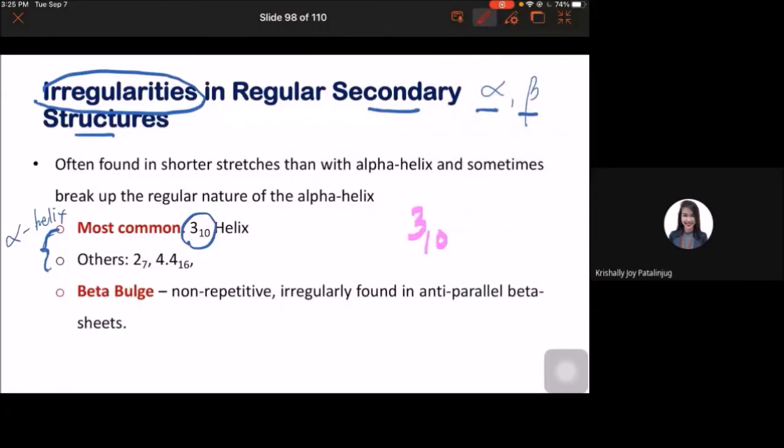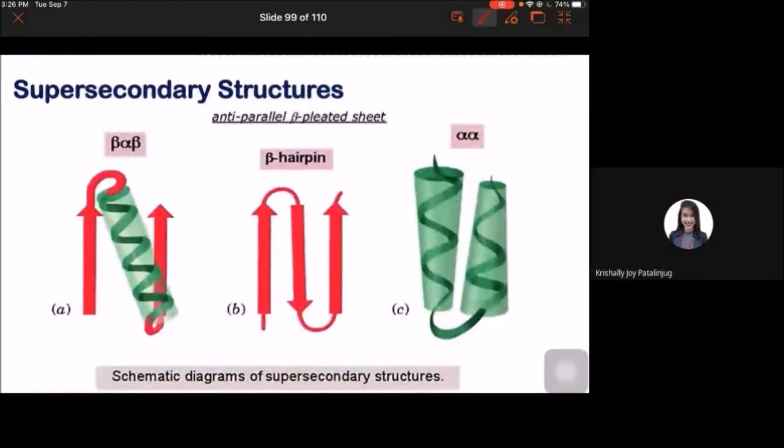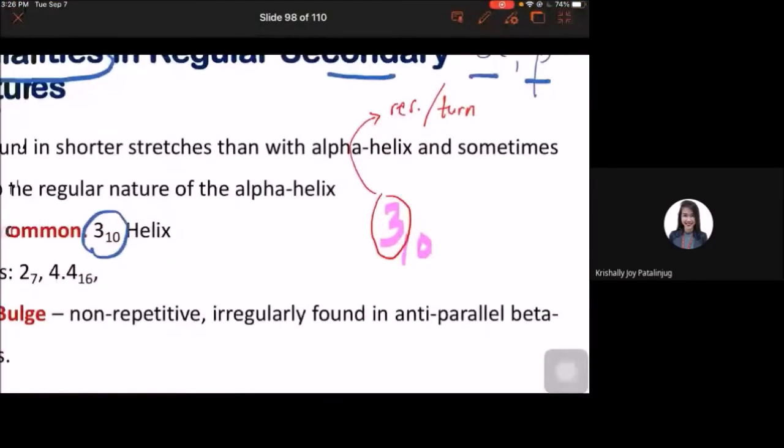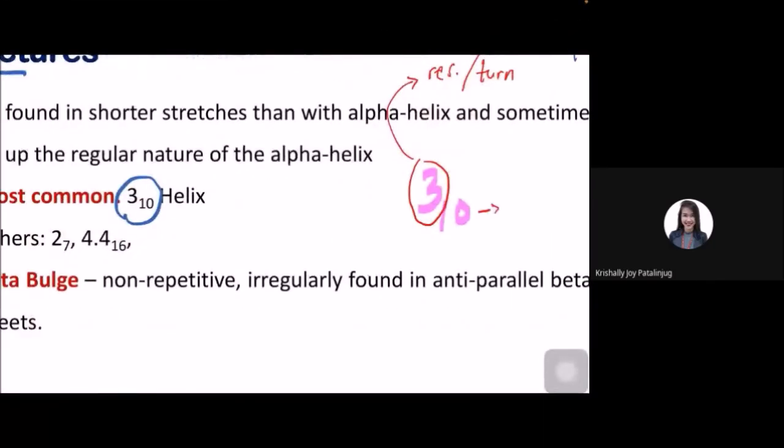Yung 3 po dyan, these represent the number of residue per turn. Yan yung representation ng base 3 dyan. Yung 3, it represents residue per turn. Yung amino acid, number of residue per turn. Yung nasa baba naman, yung 10 dyan, it represents naman the number of residue, residue interval.